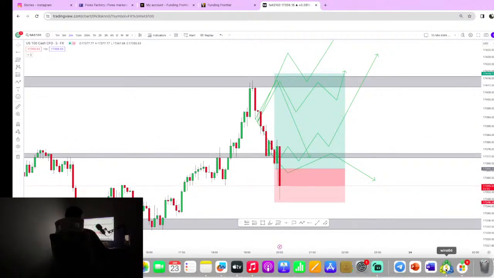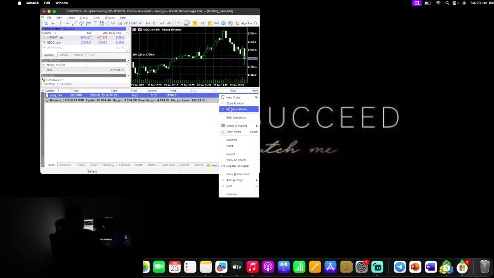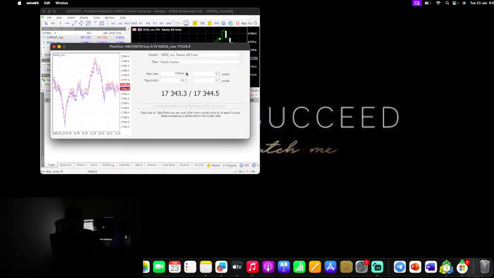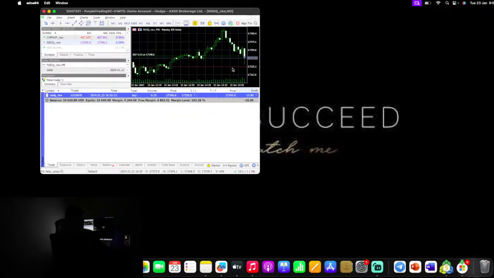Otherwise we'll exit this trade. So I'll put it at 17,328, right? Yeah, so this is our stop loss. Sometimes there is a liquidation sweep and sometimes it's a trap. Yeah, so it's hit the stop loss.